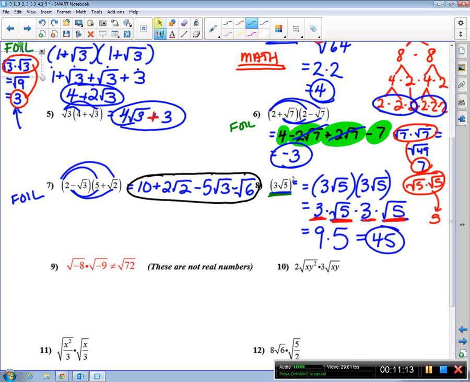Let's do another one of these, just on the side. Let's do 5 radical 7, all squared. So see if you can do that. 5 radical 7, all squared. Take a moment, write it down, figure it out.